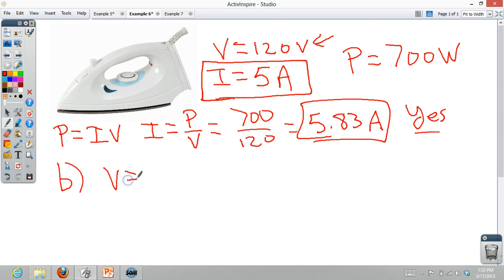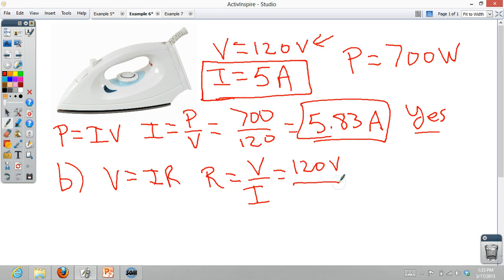We know from Ohm's law, V is equal to I times R. So if I want the resistance, I can rearrange my equation, divide both sides by I, and I get V over I. Our voltage here is 120 volts. We know that our current was 5.83 amps. And if you do your math, you'll end up with 20.5. Lots of people want to put volts over amps. Remember, resistance is measured in ohms, so it'd be 20.5 ohms.